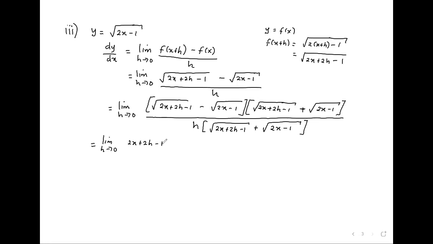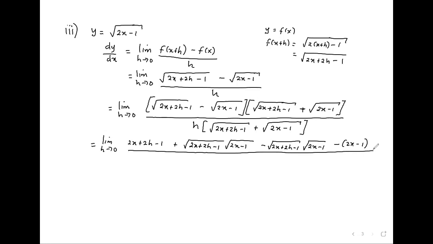And then plus root times root, we can choose to put them as root times root. It's all right. Minus root times root, you can choose to write them in any order since they are multiplying. Since one is negative, the other one is positive, so the whole thing will be minus. And then root times root, there's a minus outside, so put in the brackets. And then the down thing remains as if nothing has happened on top there.